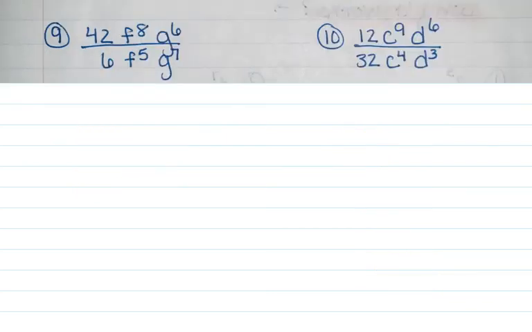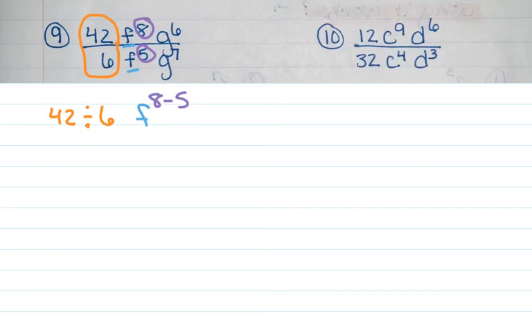All right, a couple more, a little bit more challenging. So I need to divide coefficients. So that means I have to divide 42 by 6. So I'm going to write that out. And then I need to pick out my like bases. So I have f, and the exponents there are 8 and 5. So that means I'm going to have f to the 8 minus 5.